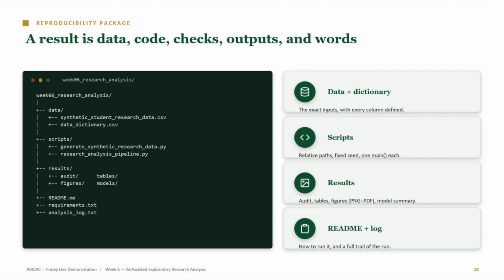The exact means that if you use the same input, you will have the same results: every column defined, relative paths, seeds, one main for each script, and the results audit tables, figures, PNG and PDF, and the model summary. And also you will have the README plus log, how to run it, and the full run.